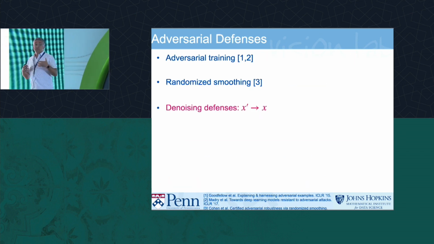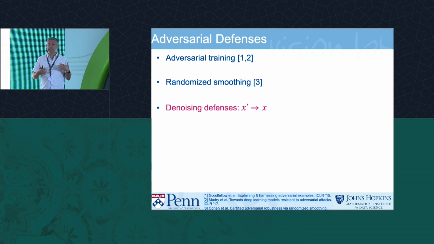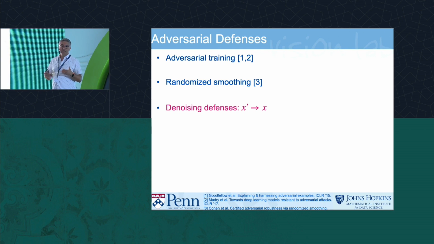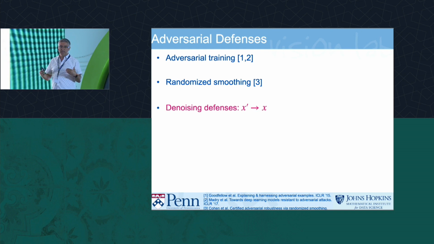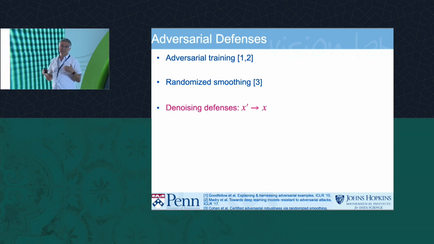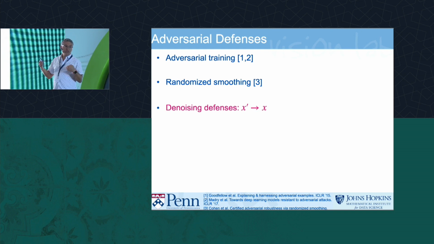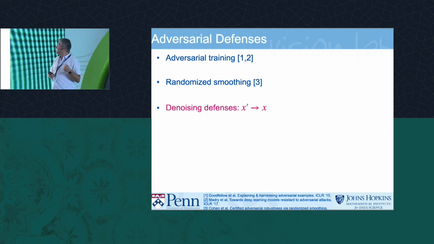What are now ways to defend against these attacks? There's been a large number of defense methods, but one of the most commonly used today is adversarial training. Namely, during the training process, we present the algorithm not only with the original data, but also with perturbed examples, where for each training example, you compute an attack in the way that I mentioned earlier.